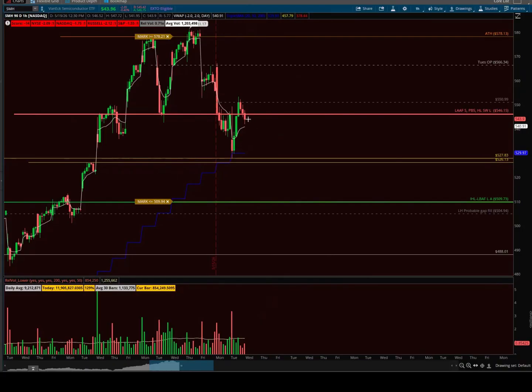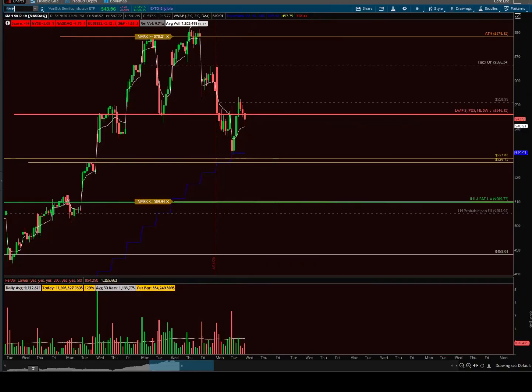Where I lose faith in all this is if we come back in and get a lower high below the bottom of this original gap, then the next key level that comes into play is 509.75. So whenever you're trading MU, AMD, NVIDIA, Intel, whatever, you want to be watching SMH and knowing what's going on with that.